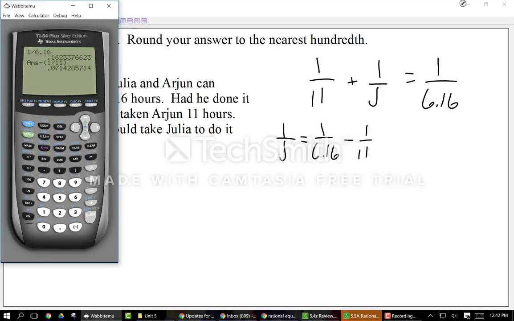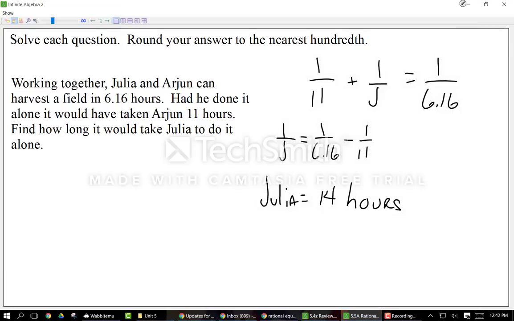Okay. And I get 0.0714285714. And then remember, I'm going to take 1 and divide it by my answer there. And you get 14. So for Julia, it would have taken her 14 hours to harvest that field.